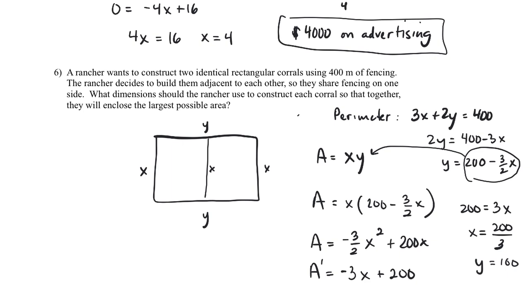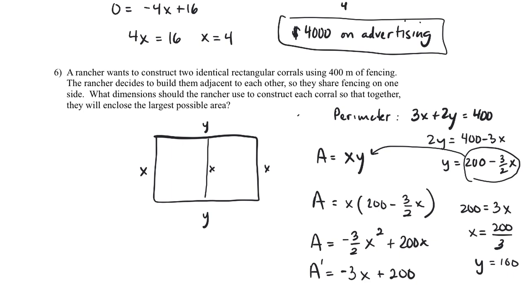Now it says here, what dimensions should the rancher use to construct each corral so that together they will enclose the largest possible area? Y equals 100 means the whole thing here is 100. So each corral is what they're asking. We got to make sure we're specific to answer the question that's being asked.